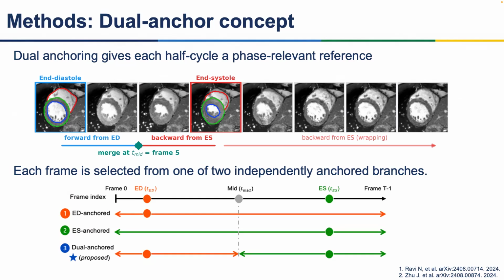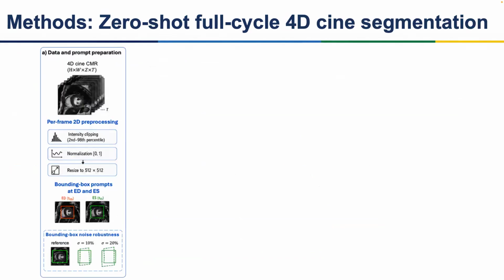The final segmentation is selected using the temporal midpoint merge. The ED branch represents the ED dominant portion of the cycle, and the ES branch represents the ES dominant portion. The model is therefore not required to use a single cardiac phase to represent both extremes of ventricular motion. This dual anchor design is embedded into the following full pipeline.